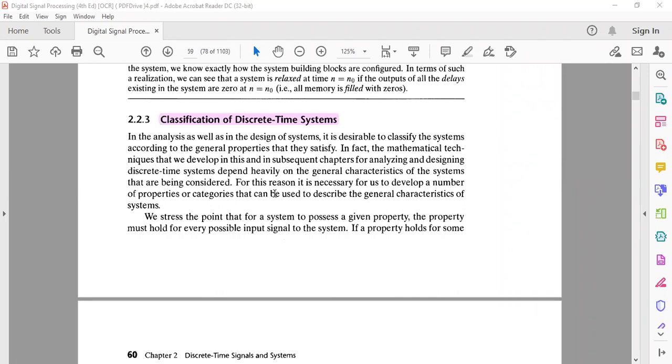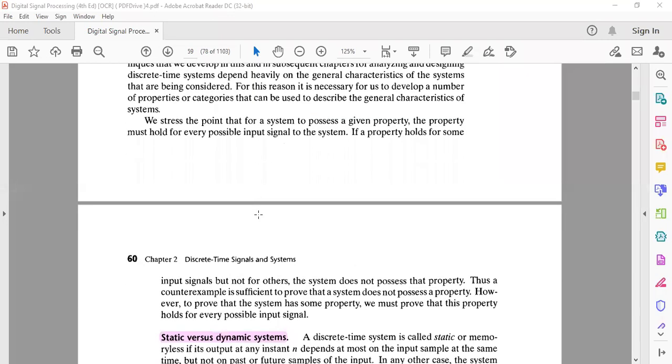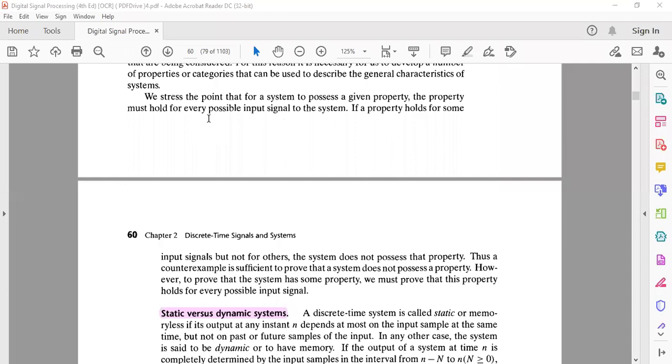And for this reason, it will be necessary for us to develop a number of properties that can be used to describe the general characteristics of systems. We stress the point that for a system to possess a given property, the property must hold for every possible input signal.